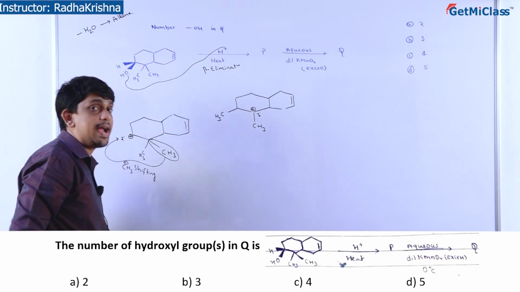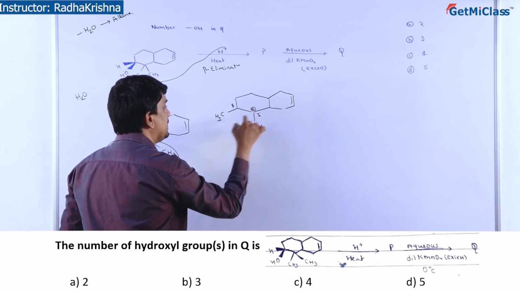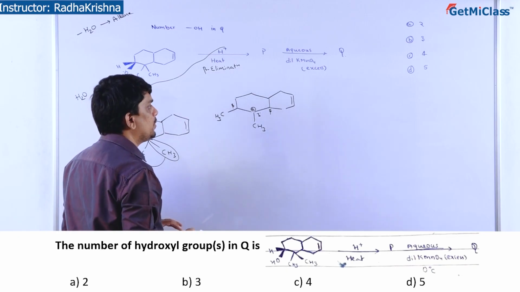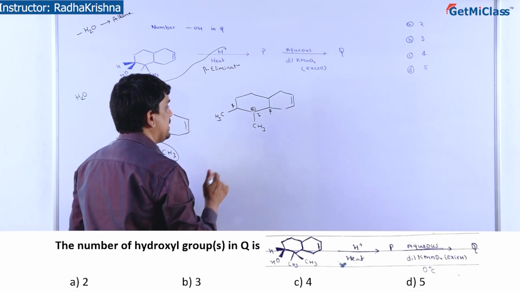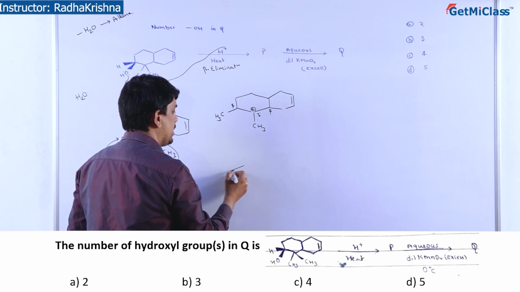I need to remove hydrogen from beta. I know this is alpha, this is beta, this is alpha and this is beta. So this is beta, absolutely. Now we have two possibilities. H is removed from here or from here. So let me show you.